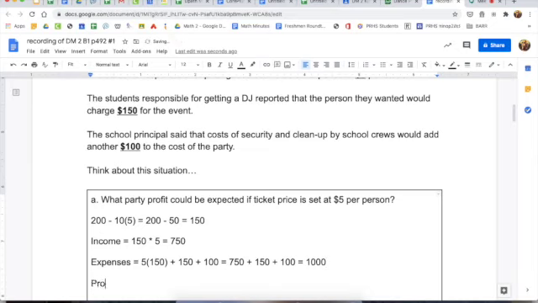So profit isn't just how much money you make from the tickets, it's how much you get to keep after you sell the tickets and then pay all your expenses. So in this case, our income was $750, but our expenses were $1,000. So our profit is a negative $250. That's not very good.